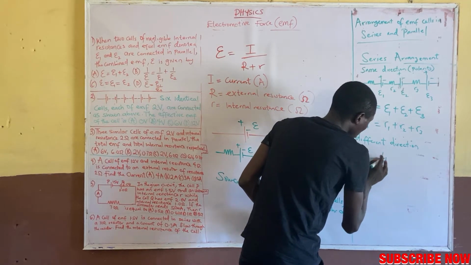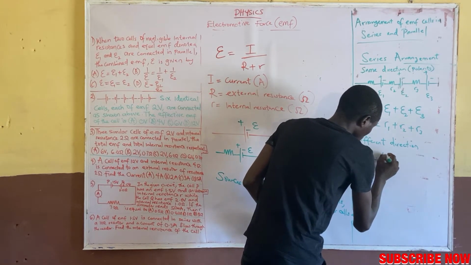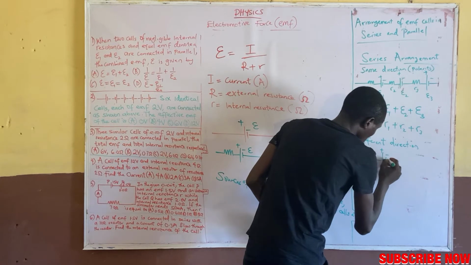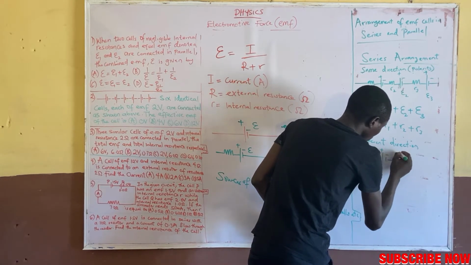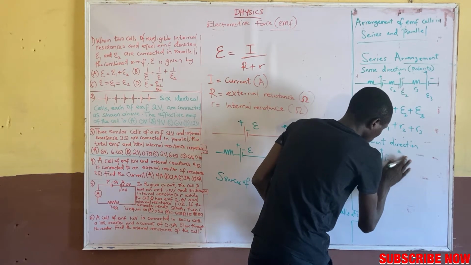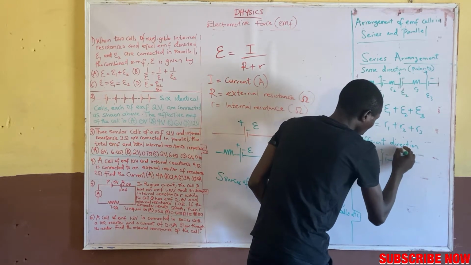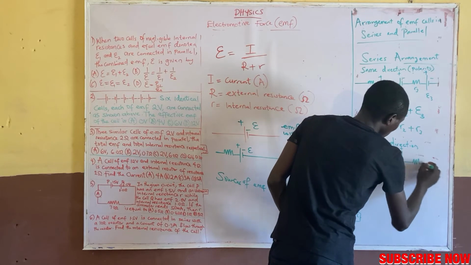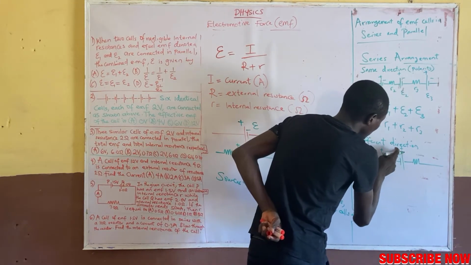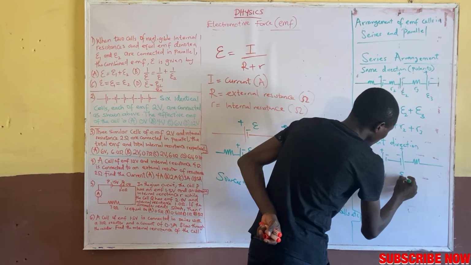For instance, if I have something like this, and the EMF here is E1, the EMF here is E2.